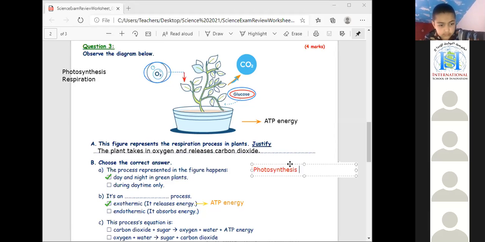I'm talking about photosynthesis. Plants go through photosynthesis. What do they need to go through photosynthesis? They need water, carbon dioxide, sunlight energy, and what else? Sunlight energy.